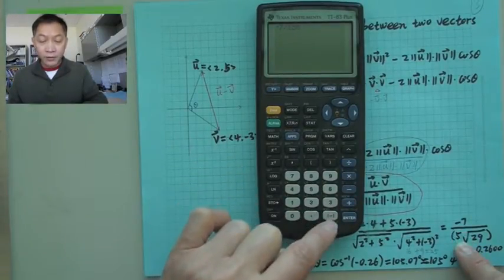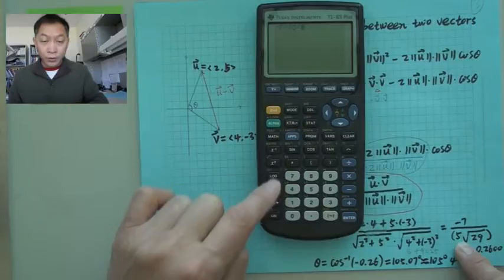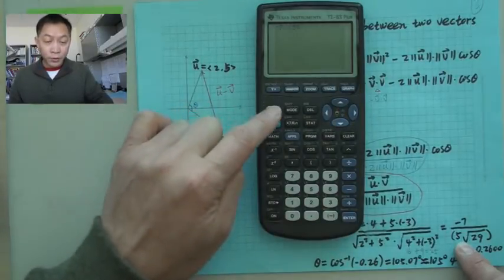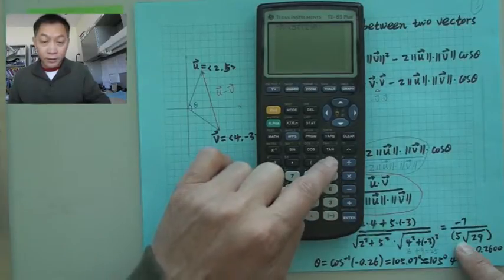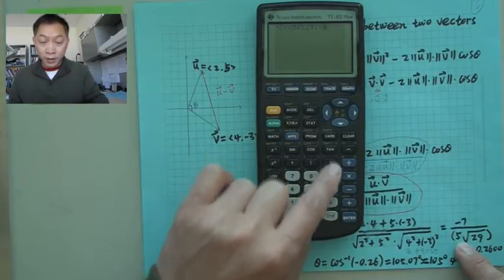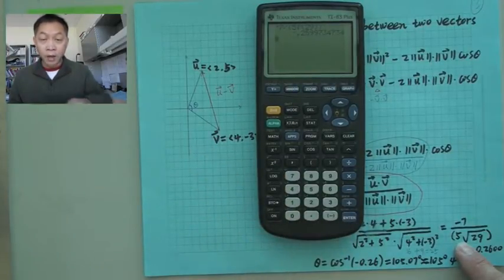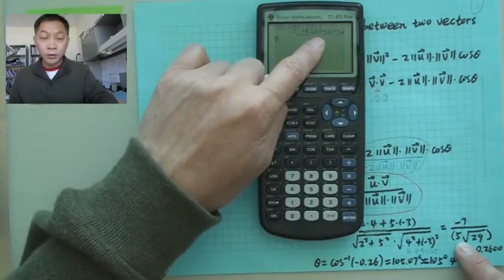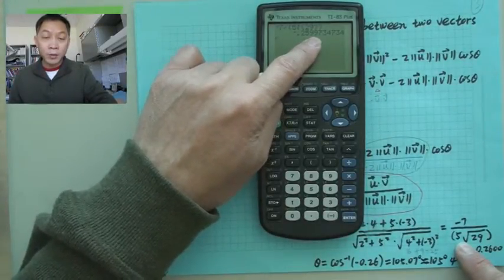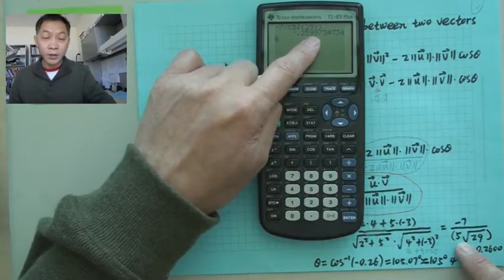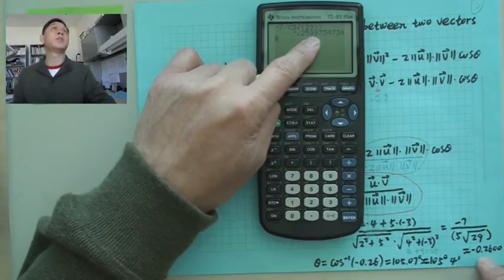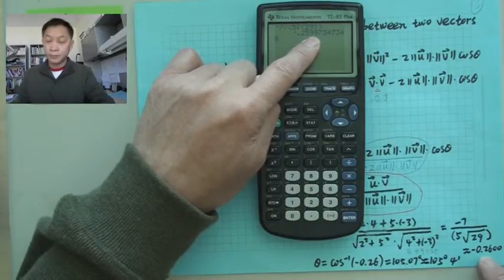Downstairs is 5 times the square root of 29. Close parentheses. Hit enter. You see, you round it off. So then you have -0.2600. That's how we got 0.2600 right here.